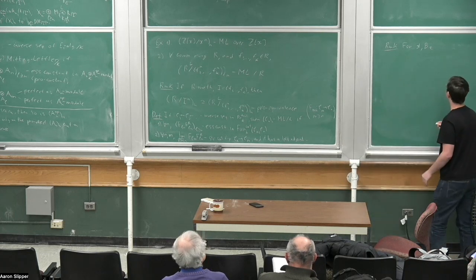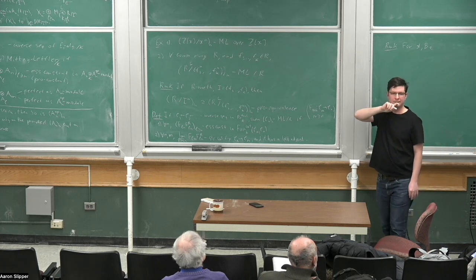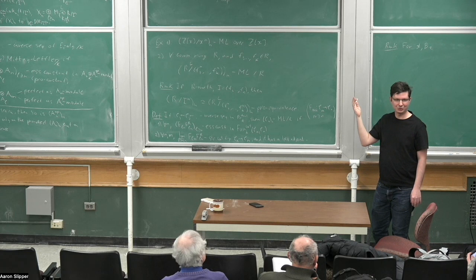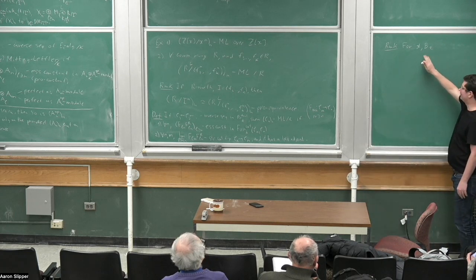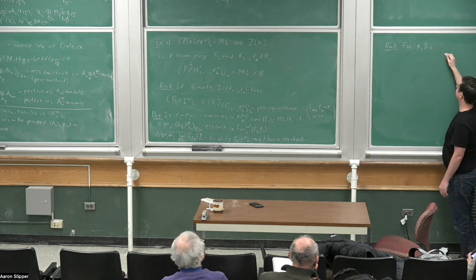So is this theorem also for any proper category? Well, that's what I'm going to explain. But first, a remark without any assumptions on source and target, but let's say commutative for simplicity.